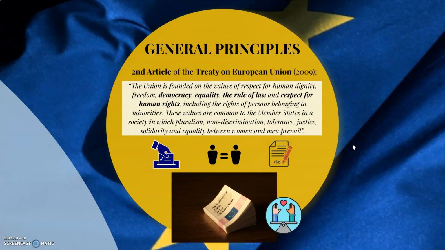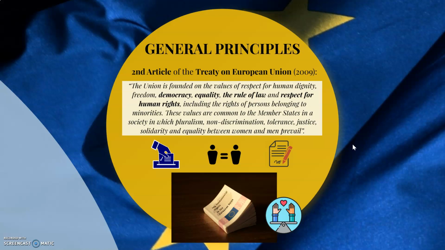The general principles of the EU are contained in the Treaty on European Union of 2009. Its second article claims, "The Union is founded on the values of respect for human dignity, freedom, democracy, equality, the rule of law, and respect for human rights, including the rights of persons belonging to minorities.